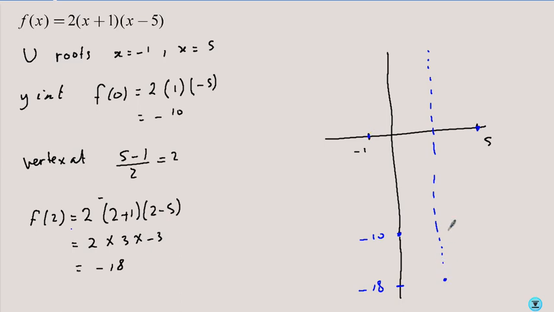So this is going to be a thin parabola, but here we go. Obviously on a piece of paper it'll be nicer looking, but because it's already factorized, it's easier to work out.